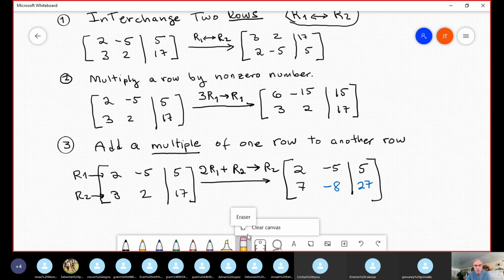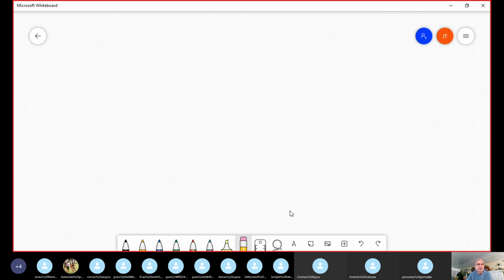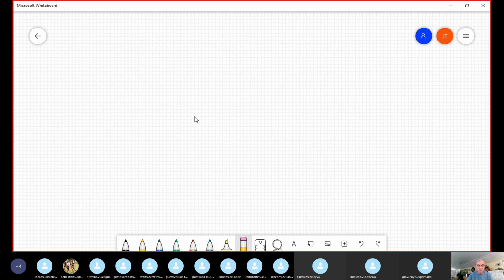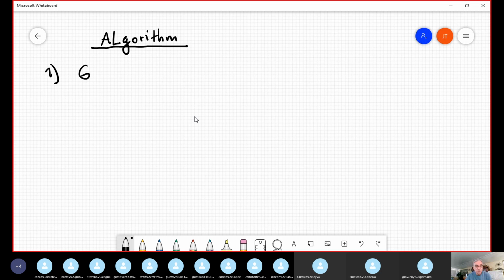Well, professor, what is the algorithm to solve the system of equations using a matrix? Okay, this is the crucial moment to explain the algorithm. Basically, we have 2 algorithms. The first one is called Gauss elimination.